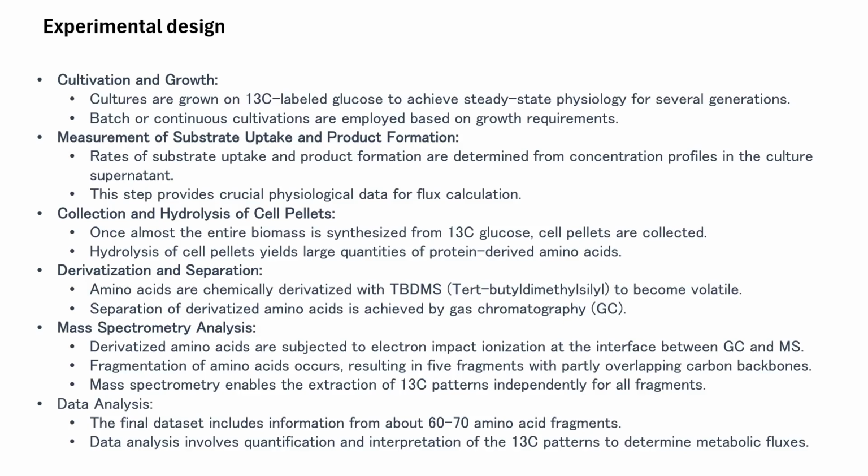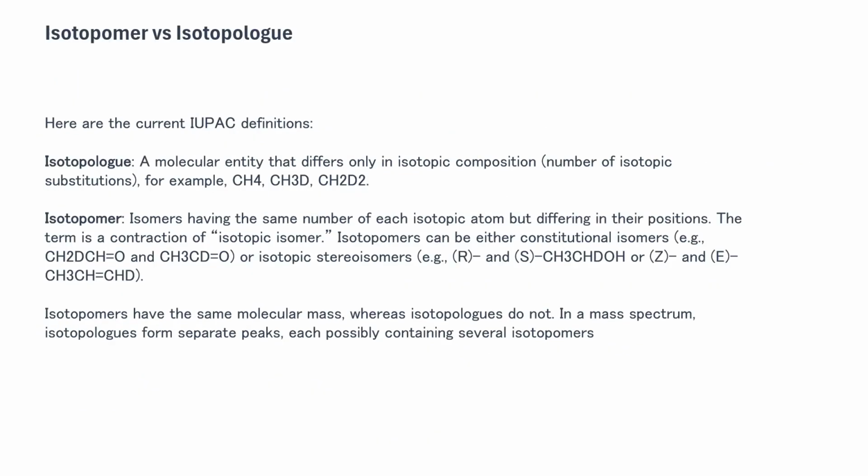Then you do mass spectrometry and can extract the 13C patterns independently for all the fragments. Your final data set will include information from about 60 to 70 amino acid fragments, involving quantification and interpretation of how 13C patterns are present and how you can use them to determine different metabolic fluxes. This is basically the whole experimental design.